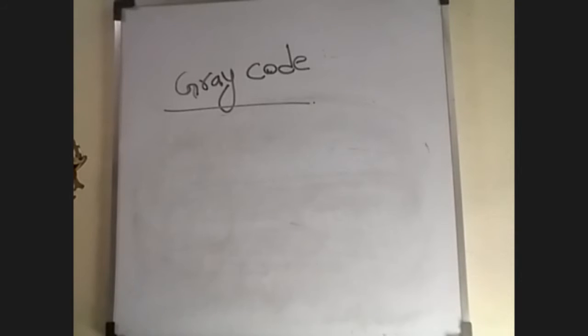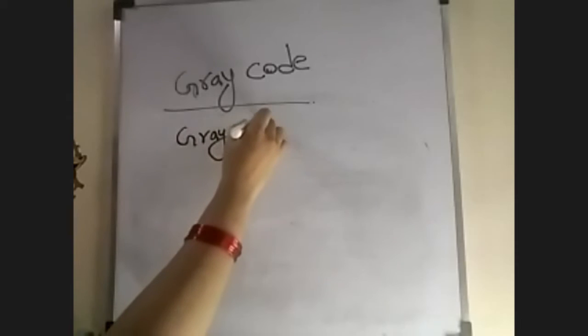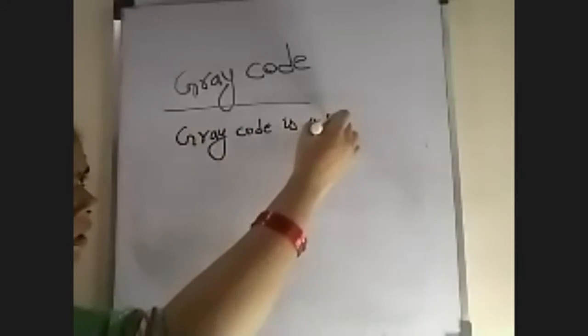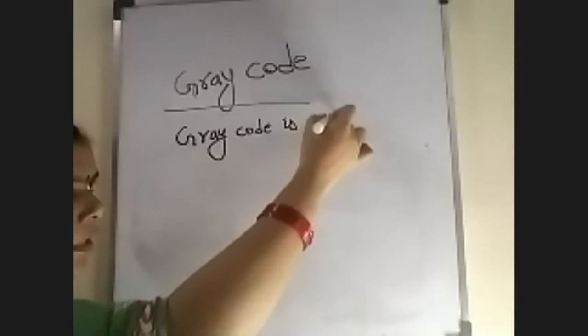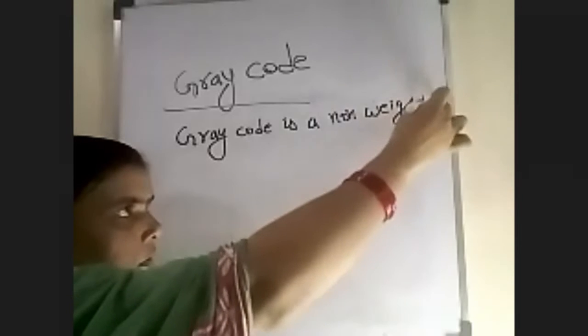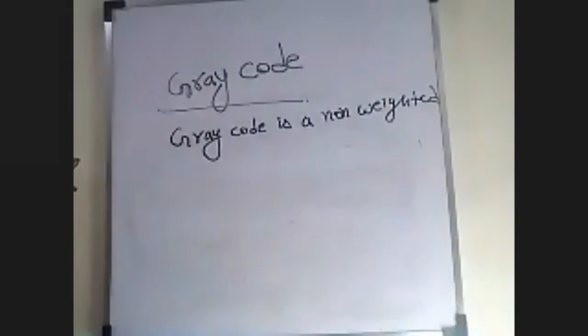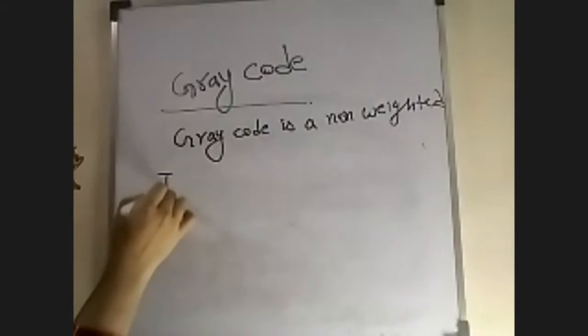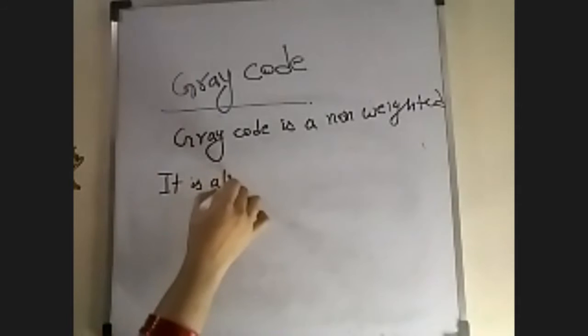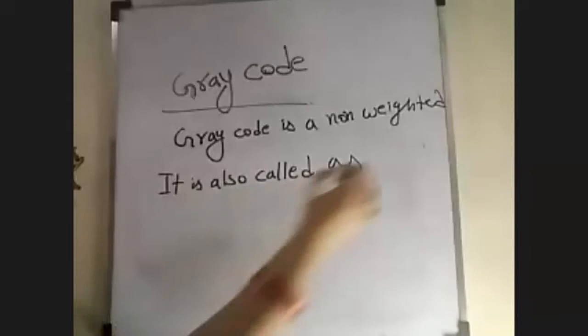The gray code is also called a reflected code.